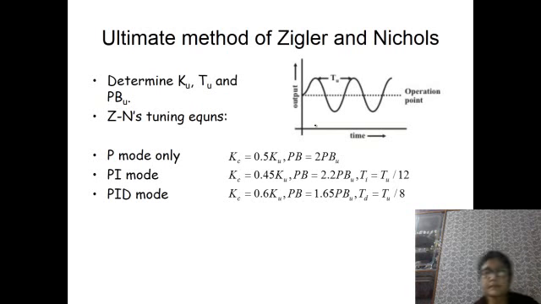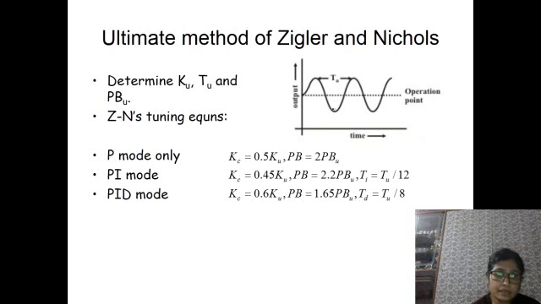So the response characteristic is this constant oscillation. That means the gain of the controller should be chosen in such a fashion that, during experimentation, the constant oscillation is performed.